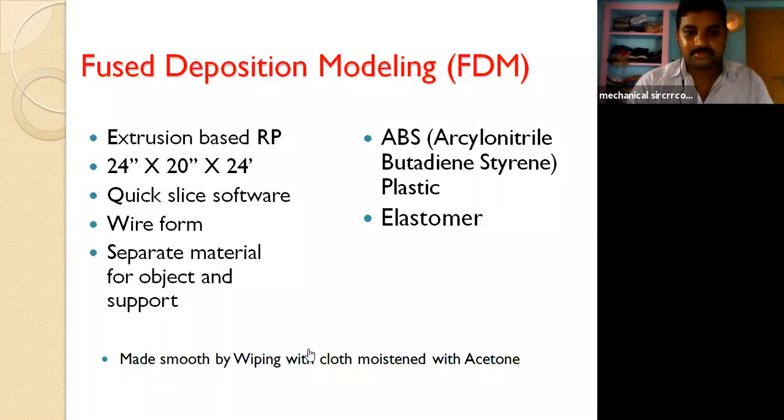And it is made smooth by wiping with a cloth moistened with acetone. After completing this process, we perform wiping. What is wiping? Have you heard the word wipers? Anyone of you? Wipers.